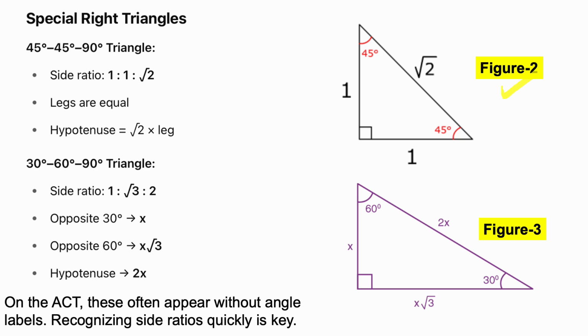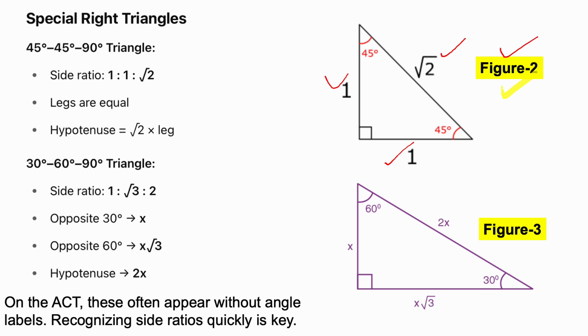Now, let us look at two special right triangles commonly tested on the ACT. Those are the 45-45-90 triangle shown in figure 2 and the 30-60-90 triangle shown in figure 3. Starting with figure 2, the 45-45-90 triangle, you can see the side ratio is 1 to 1 to root 2.